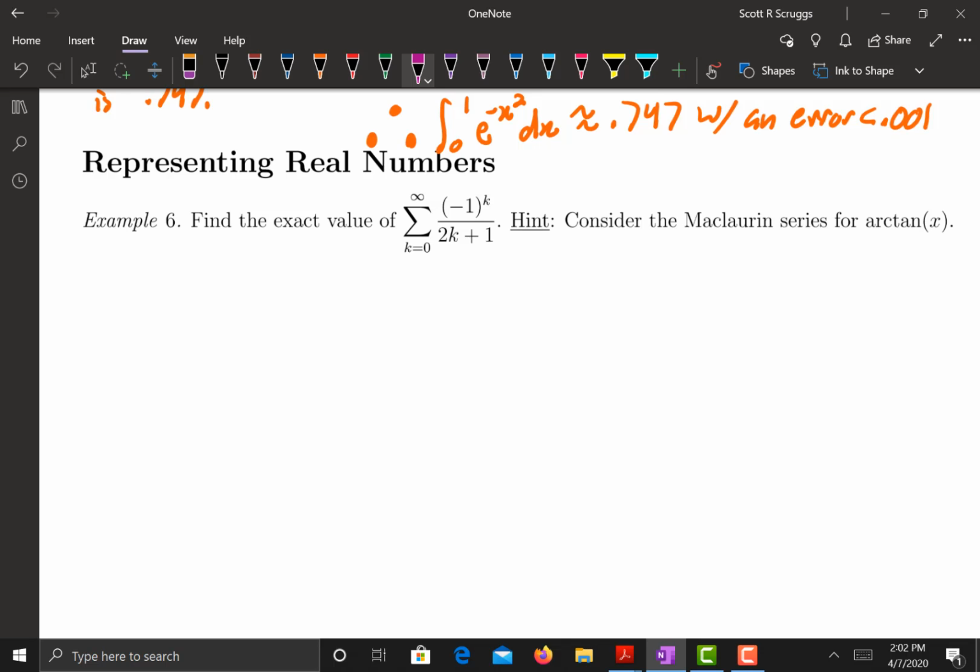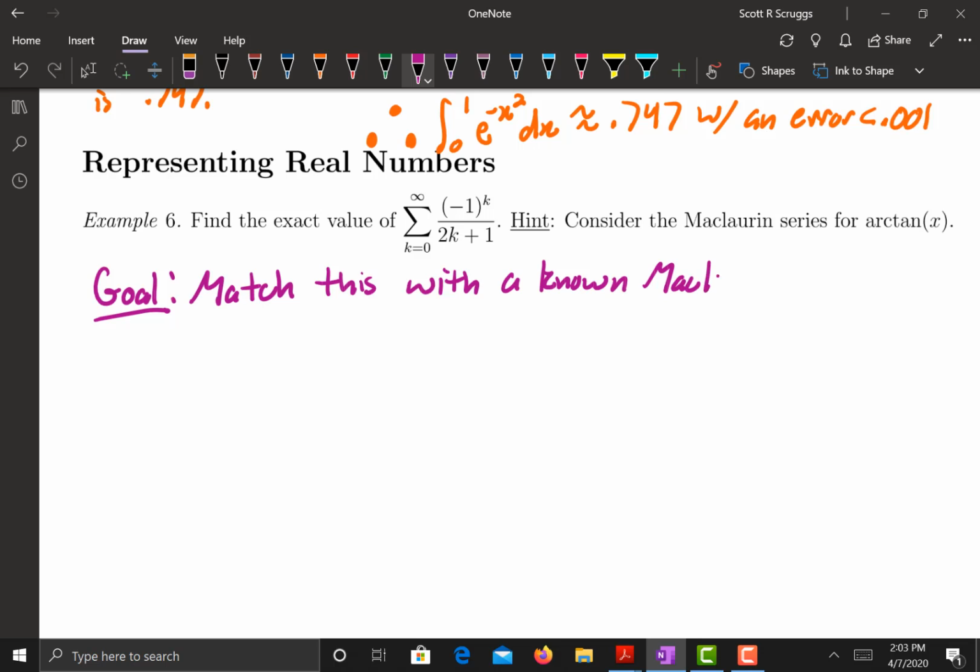And the main goal when it's saying to find the exact value of a series, since there's no x, just a normal series, here's going to be our goal. Match it with a known Maclaurin series.